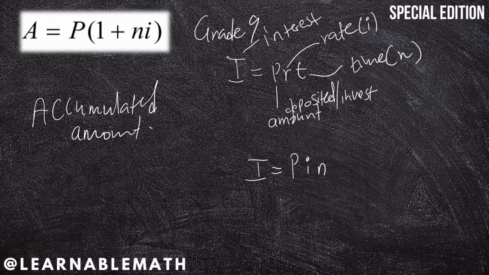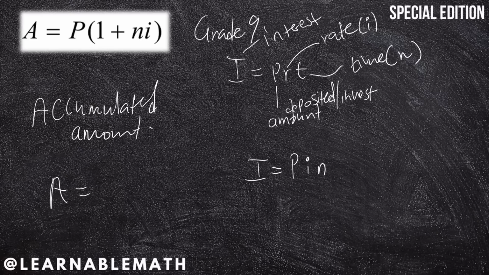So the accumulated amount now includes how much you invested plus how much interest we got on that investment. Then we say this is the total accumulated amount. Okay, so the symbol of that is A.